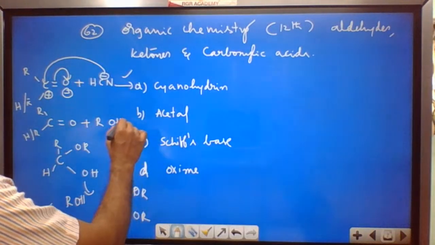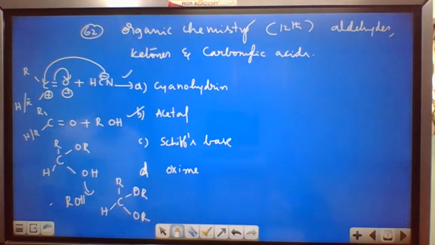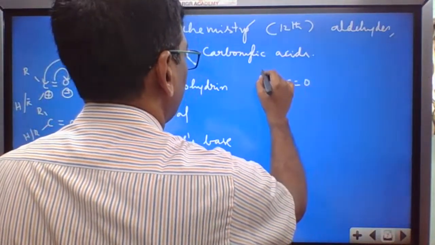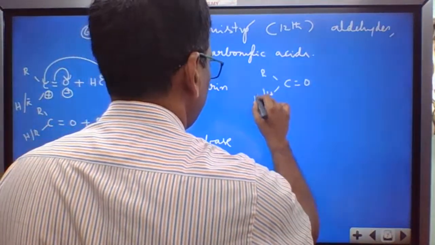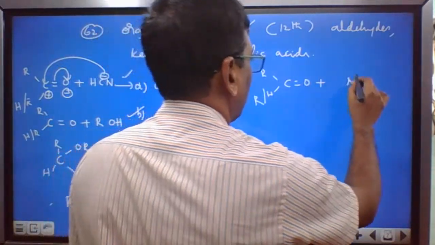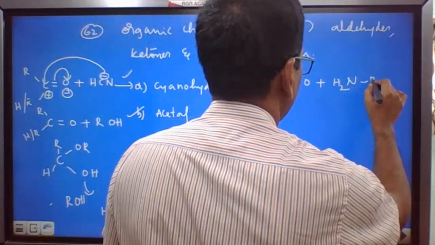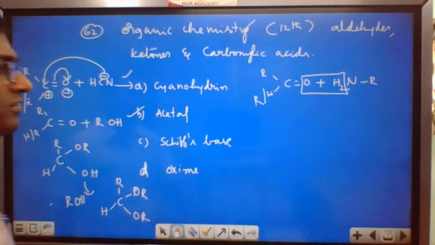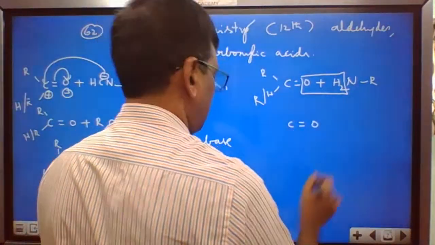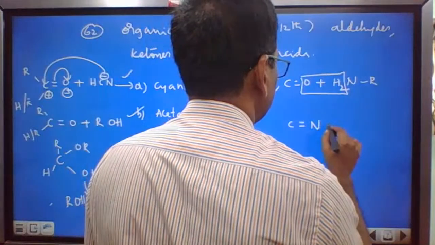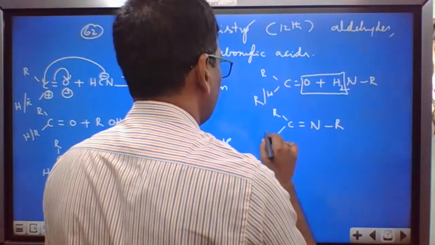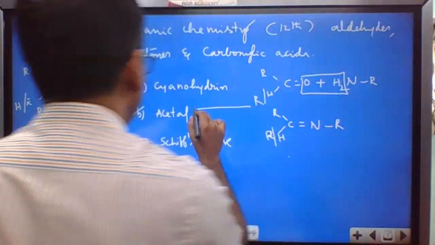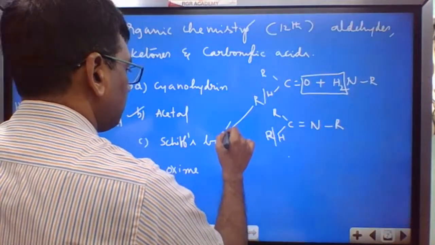So with alcohols we get acetal. With amines we get Schiff base. C double bond O, with R or H on the other side, when treated with amine, what happens? This is nucleophilic addition followed by elimination. You get Schiff base, C double bond N, with R on one side and R or H on the other. So with amines we get Schiff base.